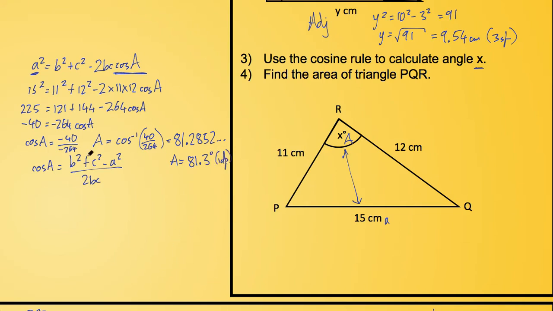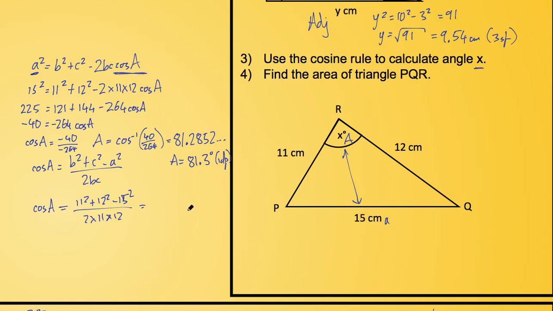And just to show how this version would work with this formula, and just put things in the right place, cos A equals b squared plus c squared minus a squared, so 11 squared plus 12 squared minus 15 squared all over 2 times 11 times 12.